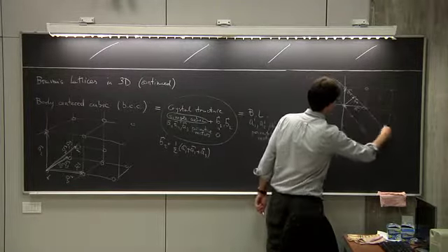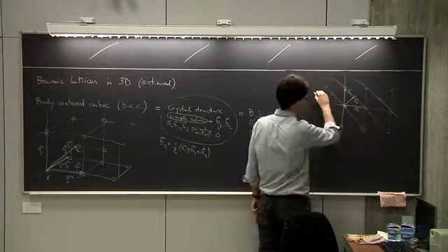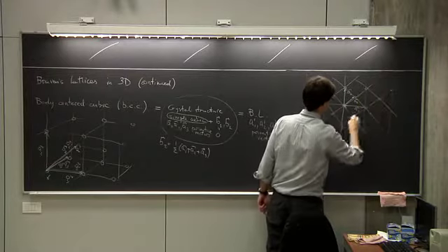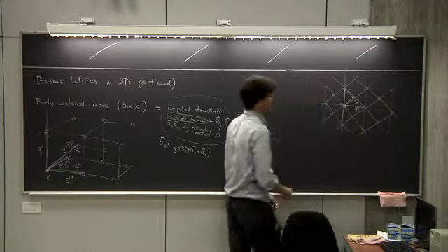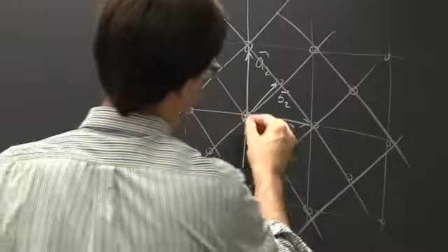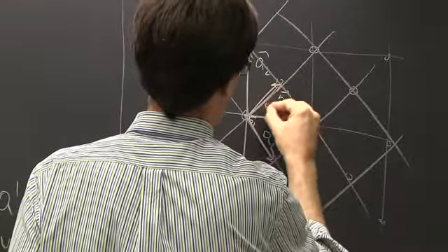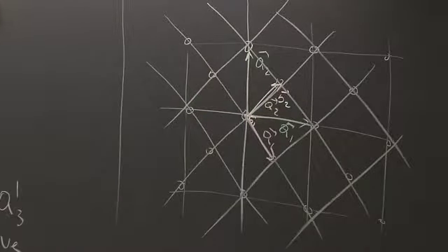If you now see it this way, well, then you immediately realize that this is also a Bravais lattice, right? You just need to define this as your primitive vectors, and this is a simple square Bravais lattice.